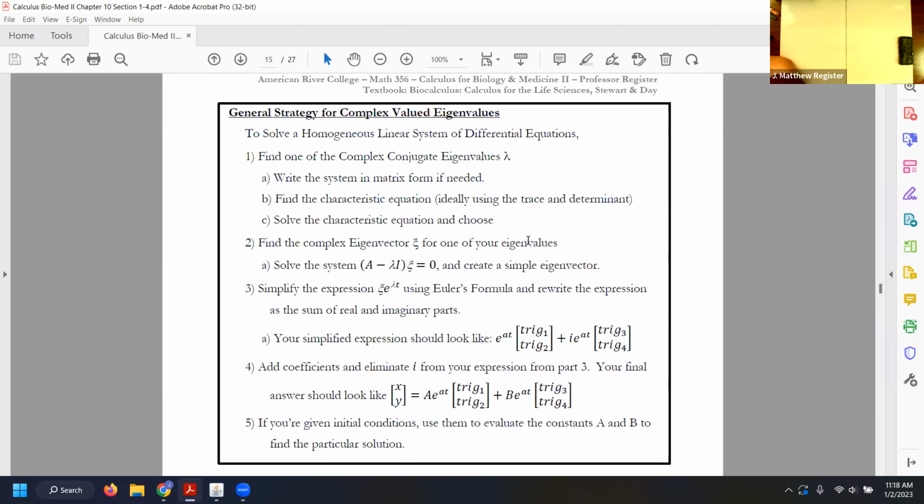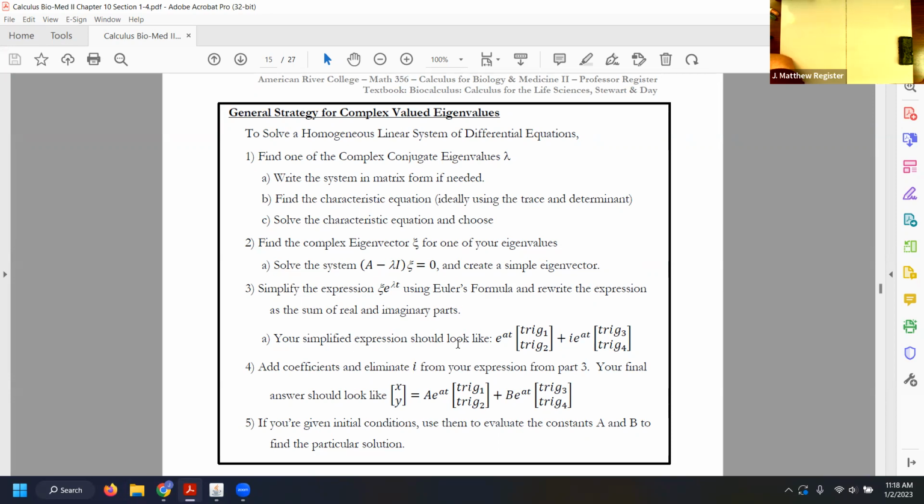And so here is the strategy. To solve a homogeneous linear system of differential equations, just like before, you find the eigenvalues, and then you find an eigenvector for one of your eigenvalues. Simplify the expression c e to the lambda t using Euler's formula, and rewrite it as the sum of real and imaginary parts.